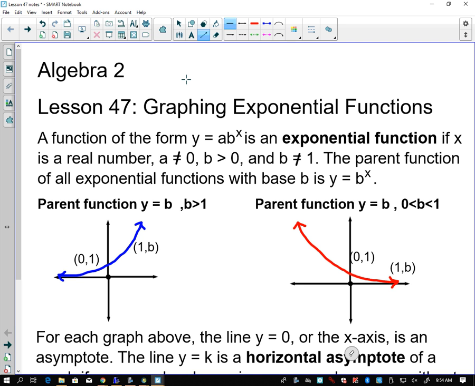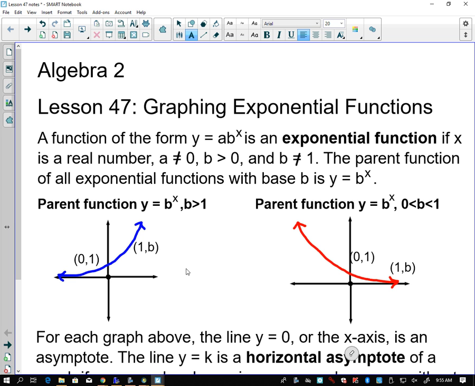I forgot to put something in, so let me go ahead and fix this so that we see it. There's more to it than that. It's y equals b to the x. So it's not just y equals b, but y equals b, where b is a decimal or a fraction, to the x.